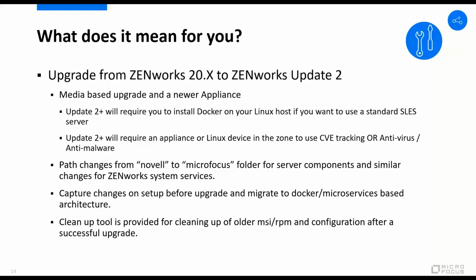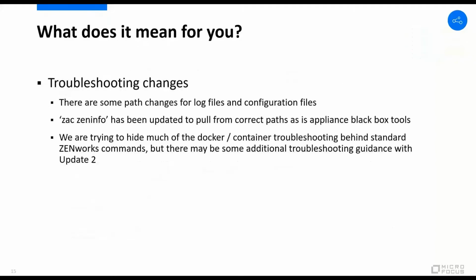So on a primary server which has both the server components and the agent components, you will see both sets of folders: /microfocus, which will now contain the server components, and /novell, which will contain the agent components. We are also providing you a cleanup tool, so you can clean up some of this data once we do this migration from /novell to /microfocus folders.